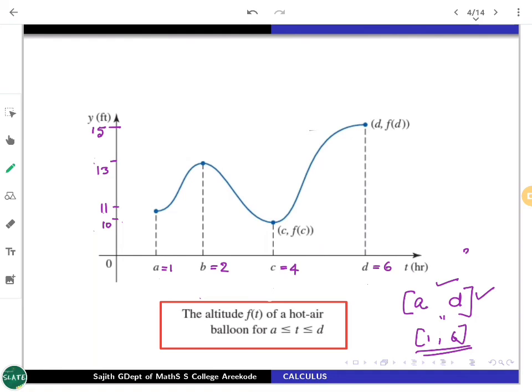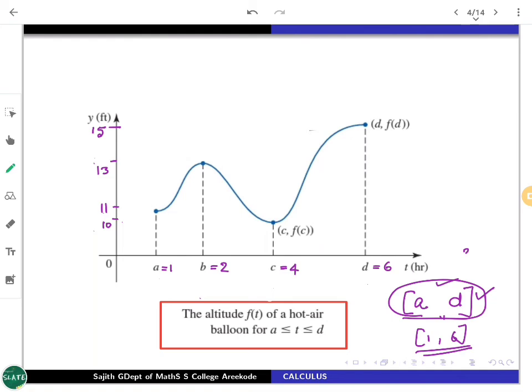If you are analyzing the graph of the function, I am considering the input in a closed bounded interval, [1, 6], a equals 1 up to d equals 6. Throughout this interval [a, d], at c equals 4, it is the minimum height that takes place, and at d equals 6, maybe at 6 o'clock, I am getting the maximum height for the function.